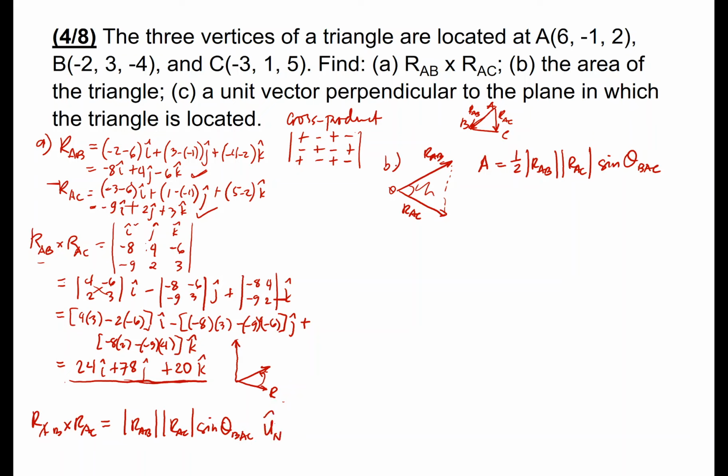Now this is actually the area. Take note, this is the magnitude, this is the scalar value, the magnitude of the unit vector n. So we can get this value from the magnitude of RAB cross RAC, then 1/2.